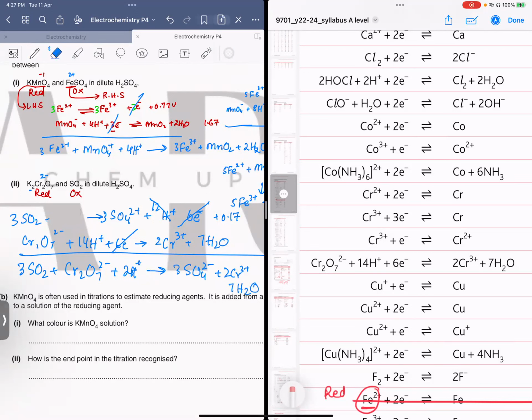Yeah, 6 H2O would be cancelled out from here and we are left with 1 H2O. Now is this clear to everyone? If anyone has any confusion, please ask.